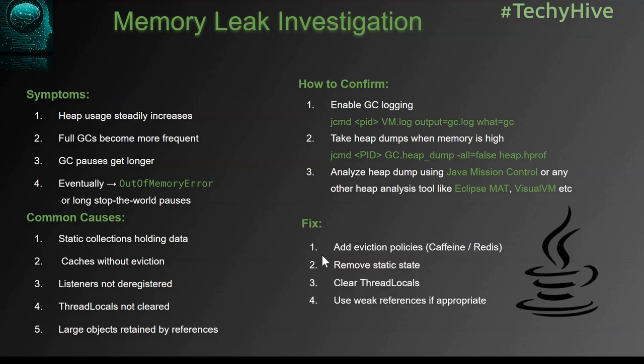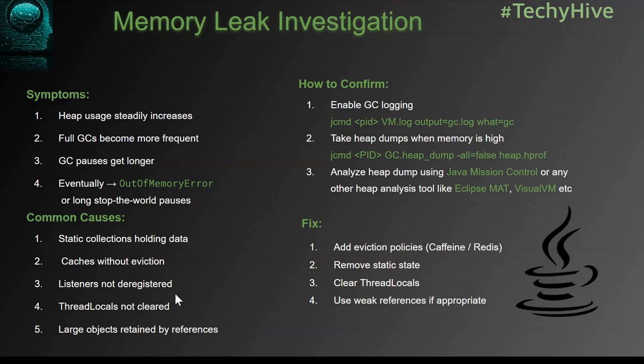How to fix them? Add eviction policies for the cache. As I mentioned, we have to define the proper eviction policies for the caches, and you can use Caffeine or Redis, or any other type of cache, and define the proper caching policies. Remove static state, so avoid using static data in our application. Use static only when it is not possible using non-static data.